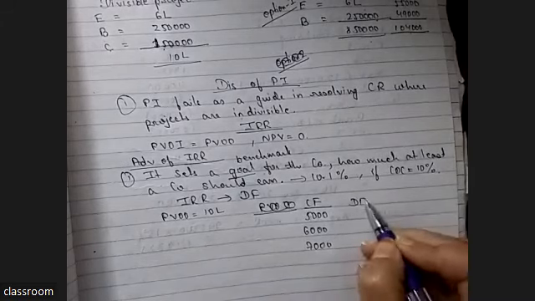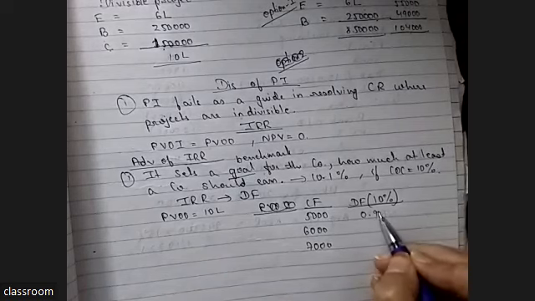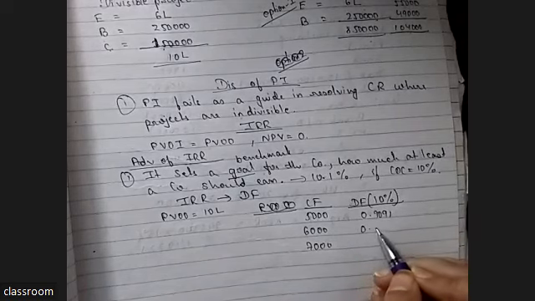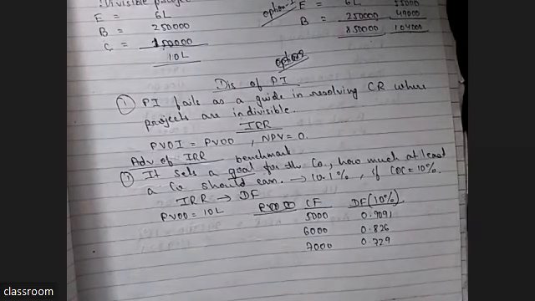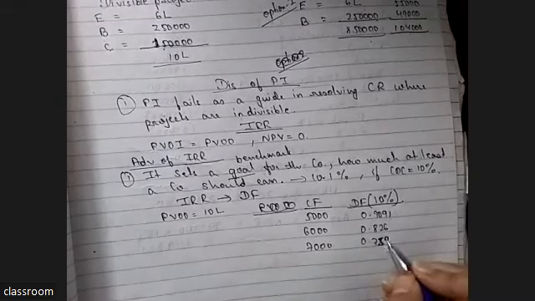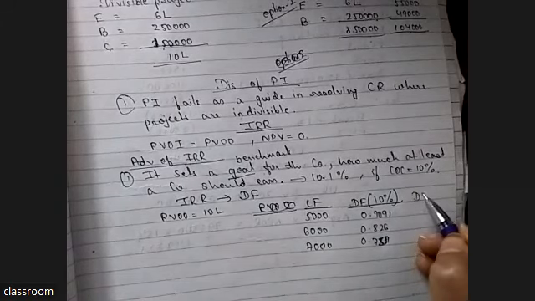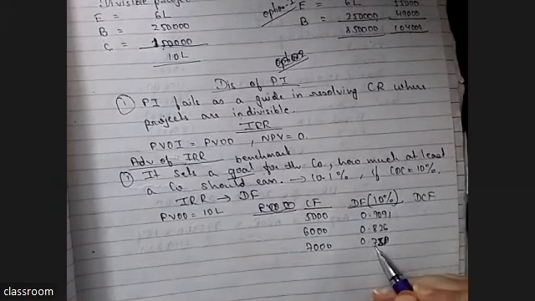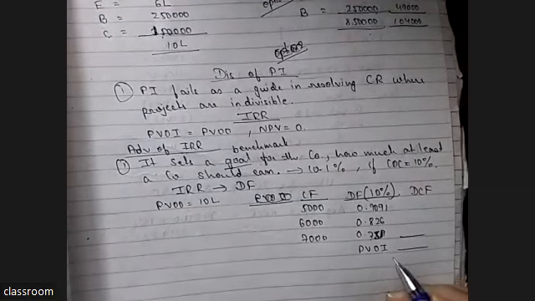You have taken DF as 10%, so 0.9091, 0.826 and 0.751. This is the DF. If we take discounted cash flow here, we will multiply these and add them. We will get present value of inflow.